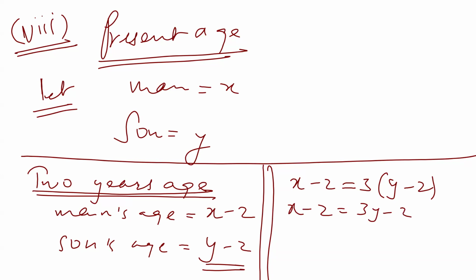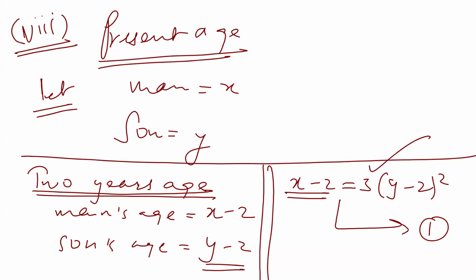I'm sorry, I just didn't consider the square. So there is a square over here: 3 times the square of the son's age. Let this be equation number 1. Man's age 2 years ago, which is x minus 2, is 3 times the square of the son's age.